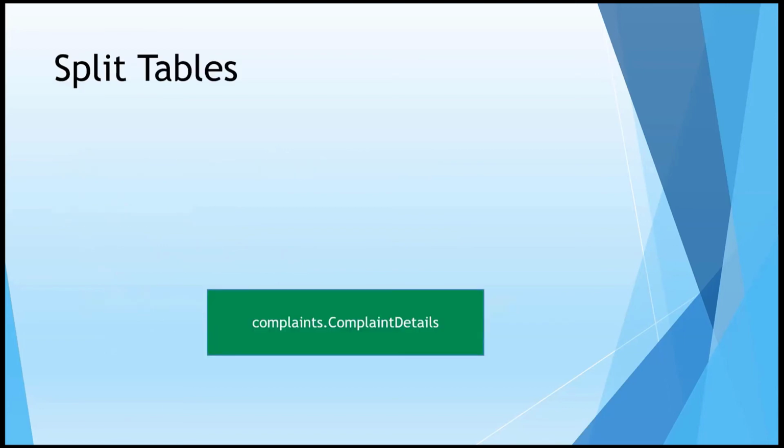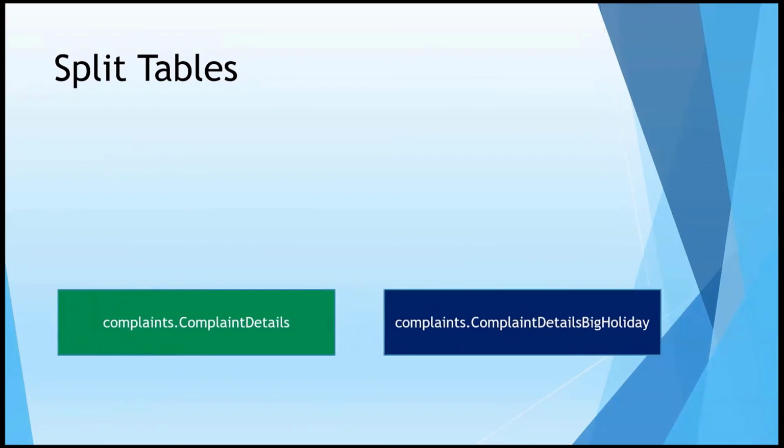And as an example here, we have a table called complaint details, and our Big Holiday Limited company needs some extra columns in there. So we'll create a second table, complaint details Big Holiday, to hold those extra columns.